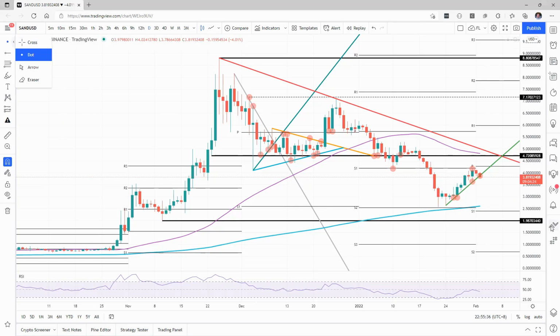If we have a look at Sandbox price action from the past few days, we can see that on January 24th, we have a sort of hammer formation that has sparked a small uptrend in the past 7 or 8 days, where we had several tests on the green ascending trend line.